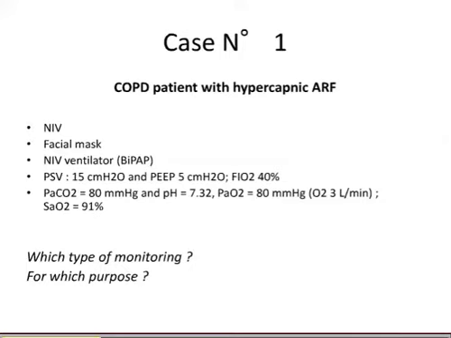Afterwards, we can start other monitoring like tidal volume and frequency. But I think all of us agree that clinical monitoring, together with objective monitoring, heart rate, respiratory rate, and blood pressure, is essential. This is the basic.